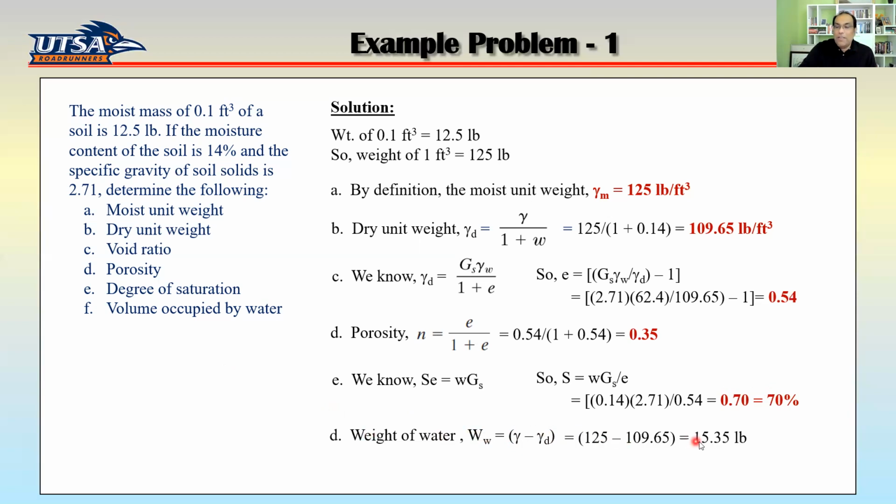That's basically 15.35 pounds of water per feet cube of soil. If you know the weight of water, you can convert that to volume by dividing by the unit weight of water. So 15.35 divided by 62.4 is 0.25 feet cube.